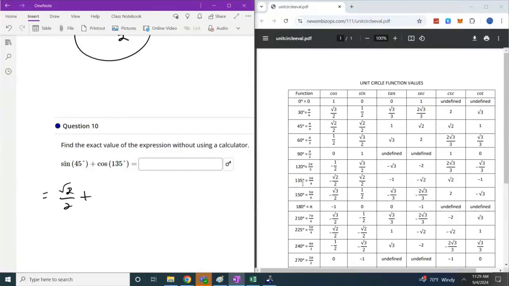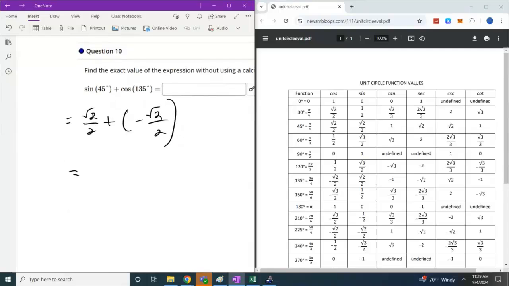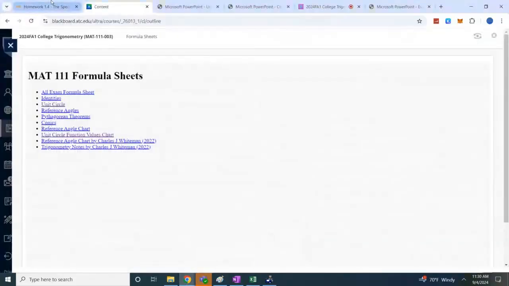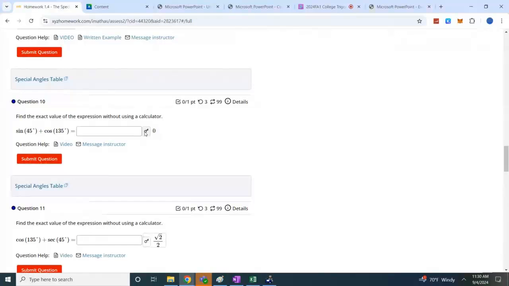If I look at 135 degrees, the cosine is negative square root of 2 over 2. If I combine these together, they're going to cancel out. Square root of 2 over 2 minus square root of 2 over 2 is 0. So for my problem number 10, I'm going to get 0.